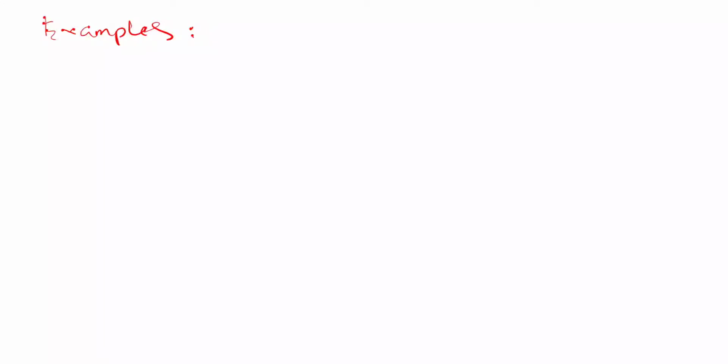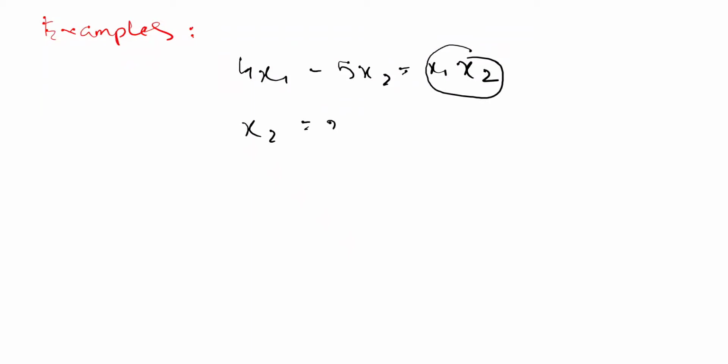So an equation like 4x1 minus 5x2 is equal to x1 x2: here you can see that these are in product form, so this is not a linear equation. The other one, x2 is equal to 2 times the square root of x1 minus 6. This is also not linear, as x1 does not have the power of 1, so it is non-linear.